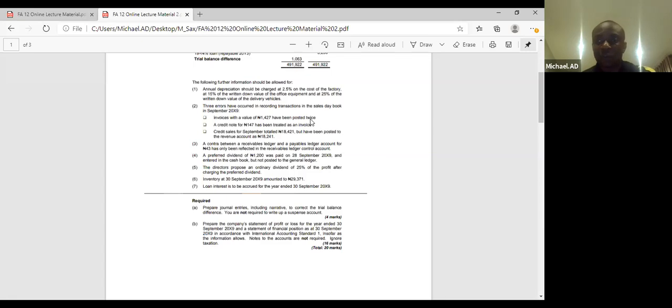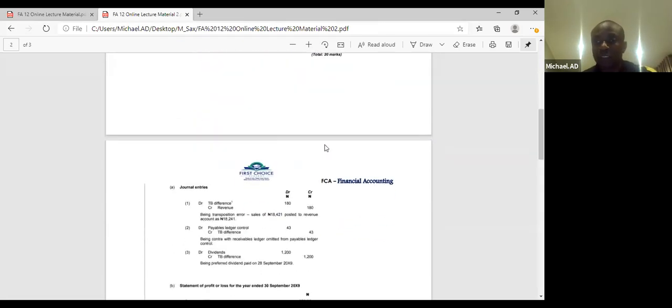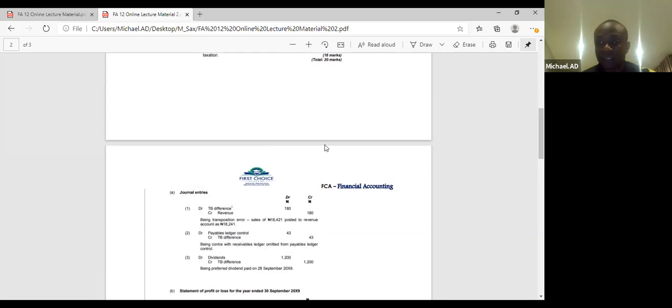Now, let's look at the second one. A credit note for 1,147 has been treated as an invoice. So what they did here was that they posted this 1,147 as an invoice.